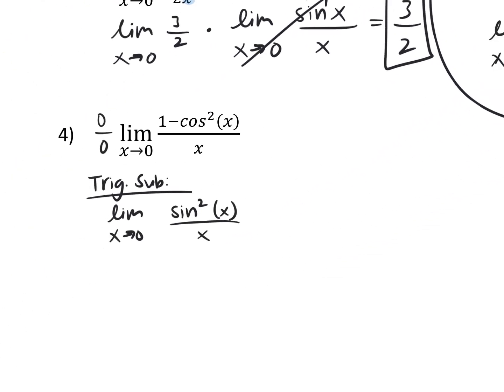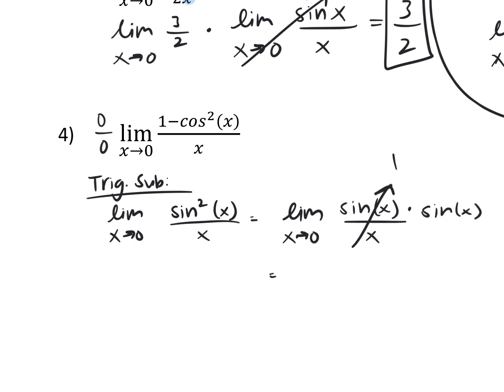However, we've still got some stuff left over here, right? So if I rewrite this as the limit as x approaches 0 of sine of x times sine of x divided by x, I can find the limit of each of those things and multiply them together, correct?